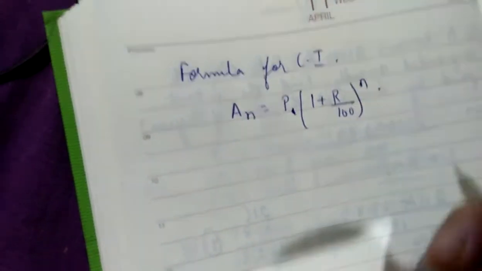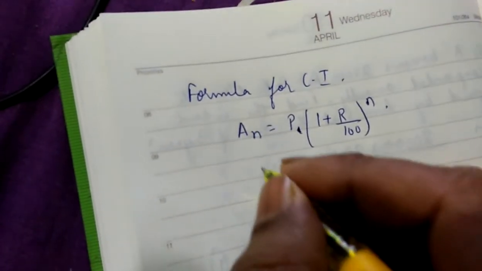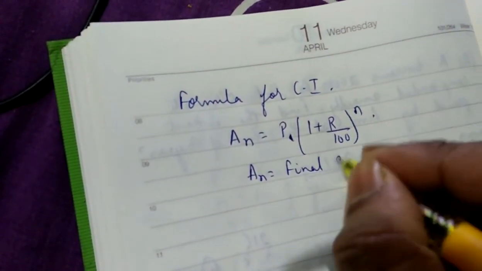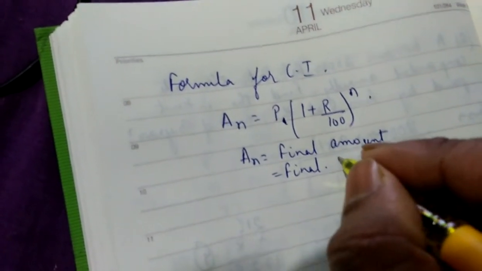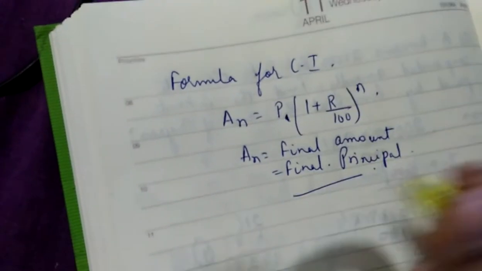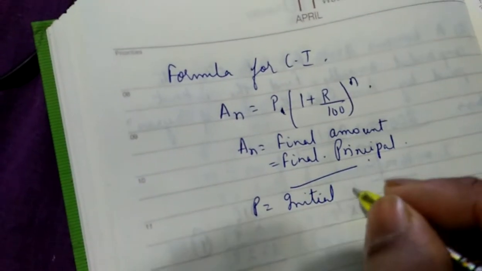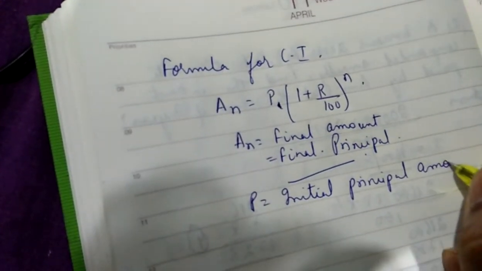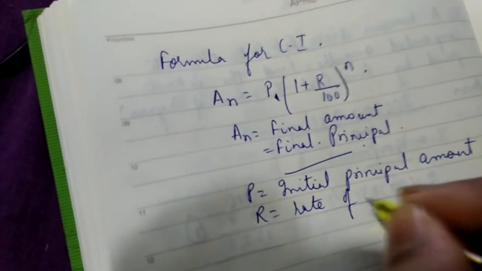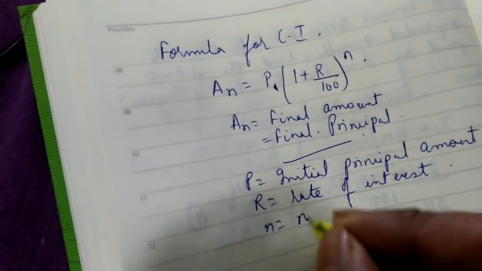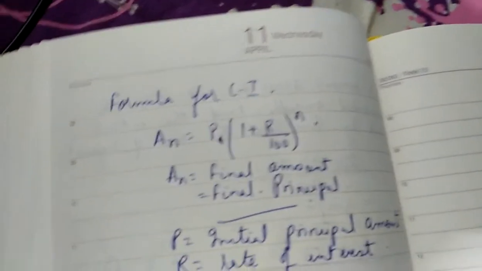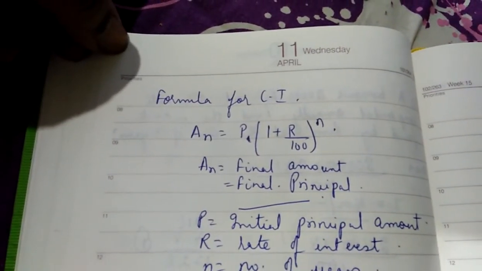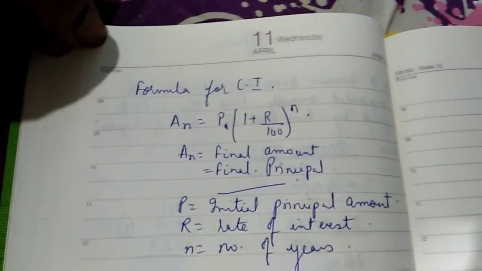The symbols are: An is the final amount or final principal, P is the initial principal amount, R is the rate of interest, and N is the number of years. So this is the formula for compound interest annually.